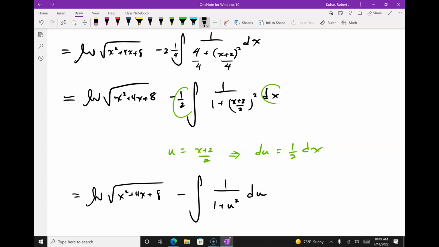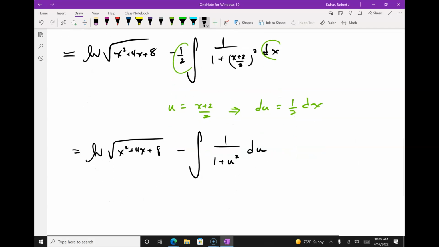My 1/2 dx became my du. Oh my God, right? Why are you so evil, Robert? That's what you could be thinking right now.